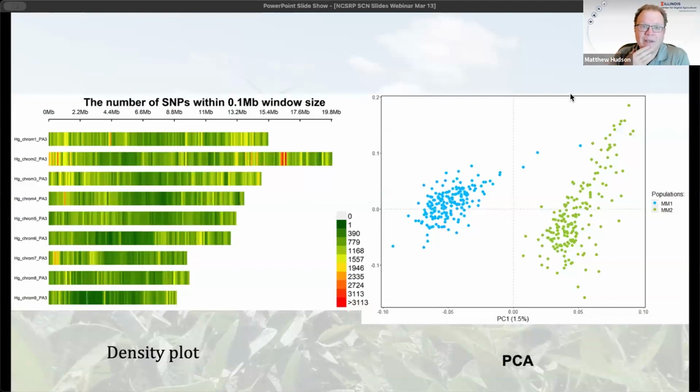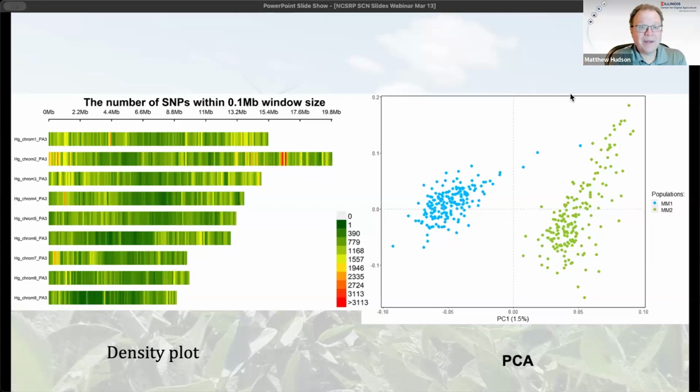The two populations that we have here, MM1 and MM2 from Melissa Mitchum's group, were adapted on different resistance sources from the same original population. And you can see that over time, those two populations have moved apart. So we've got a green cloud of points, which is the soybean cyst nematodes that can grow on one resistance source. And we've got a blue cloud of points, which is the soybean cyst nematodes that can grow on the other resistance source.